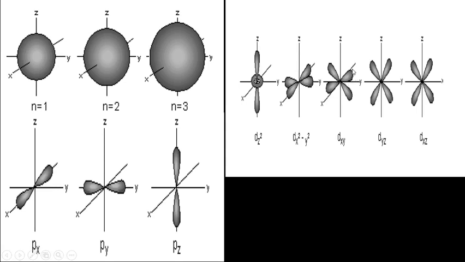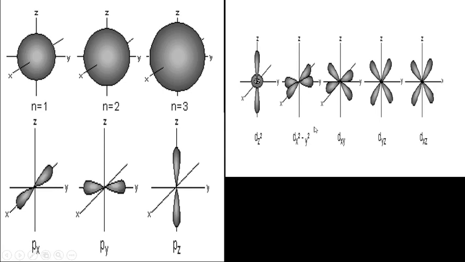In between x and y, you can see that this is x, this is y, so there is an orbital between x and y. There's another orbital between y and z. Here you can see this is z, this is the line, this should be line x. So we have orbitals in between the lines. What you will note in this structure is that most of the orbitals lie either directly along the axes or in between.